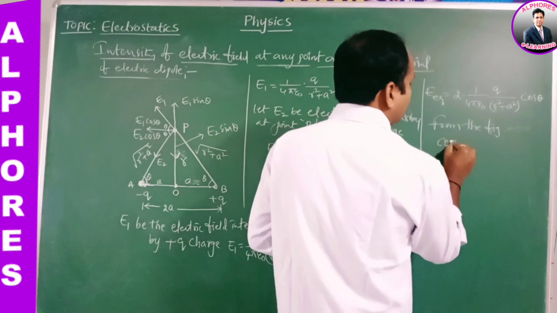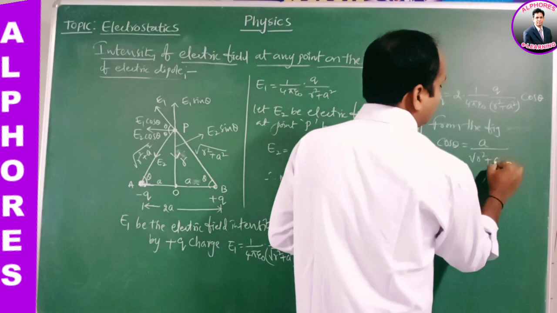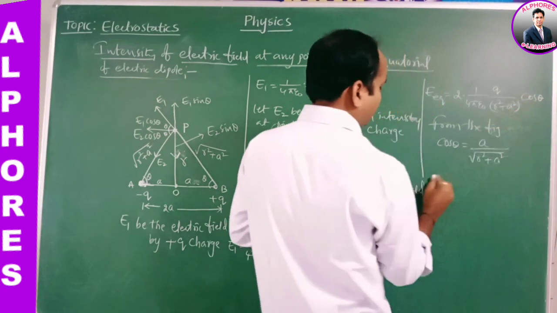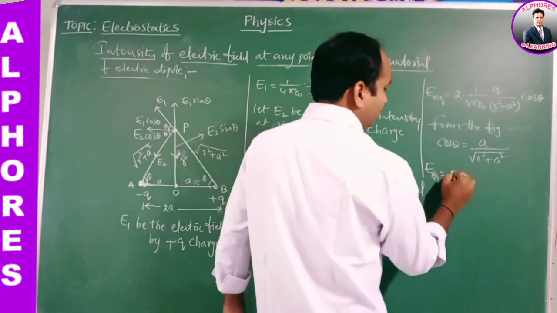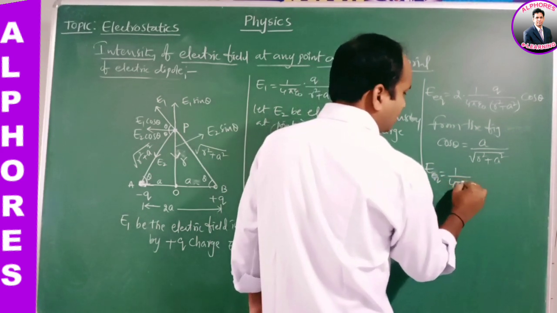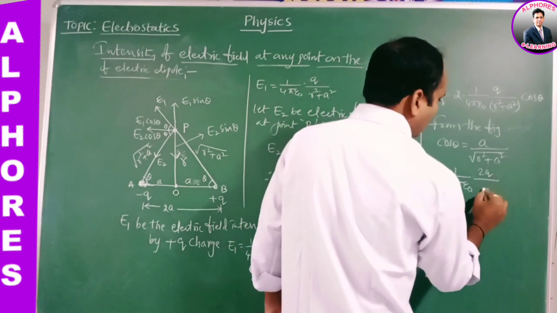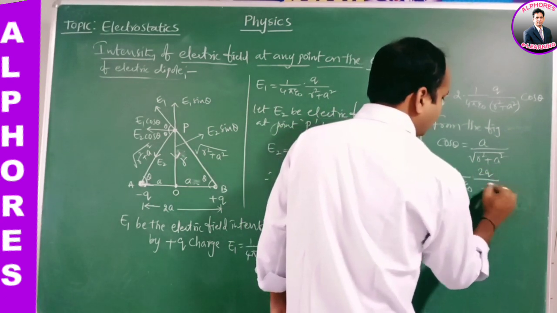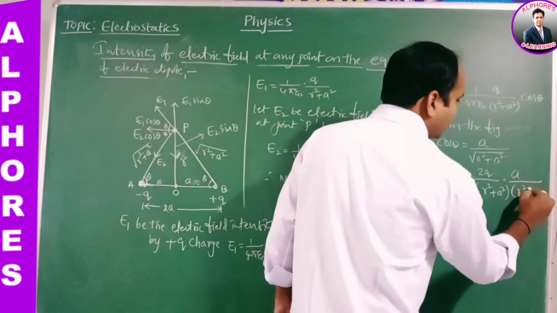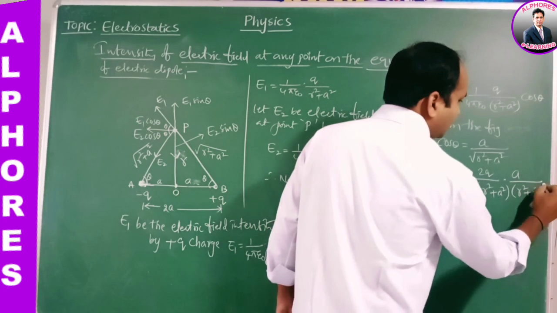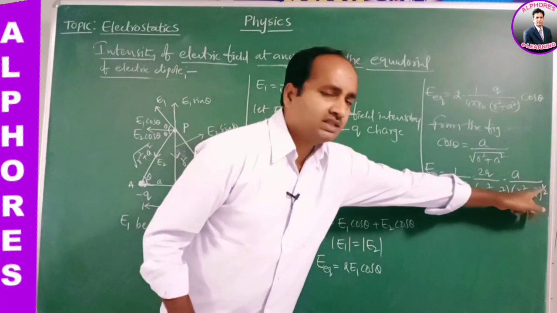Substitute here. Intensity of electric field on the equatorial line is 1 by 4 pi epsilon naught, 2q by (R square plus A square), times cos theta value A by under root of R square plus A square, which can be written as (R square plus A square) whole to the power of 1 by 2. The root can be written as power 1 by 2.